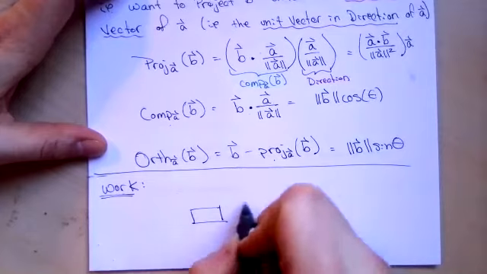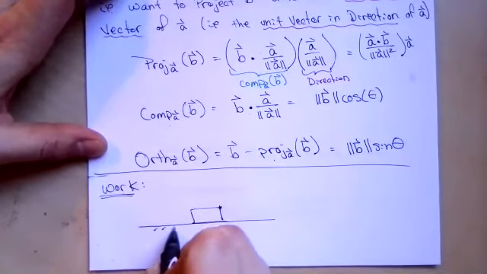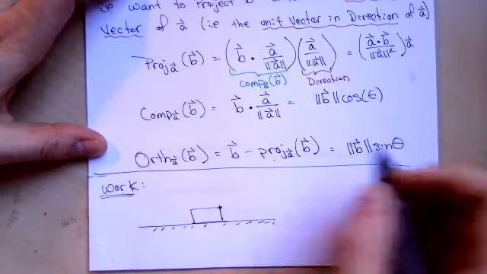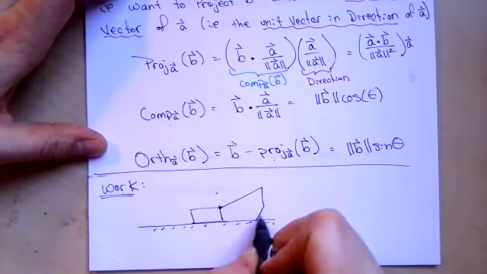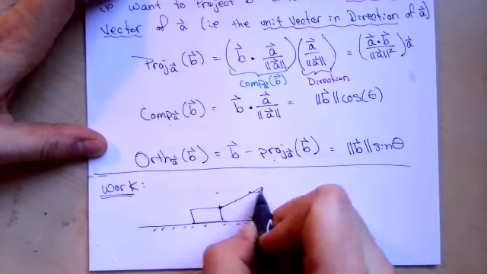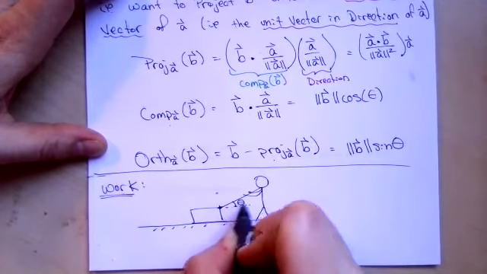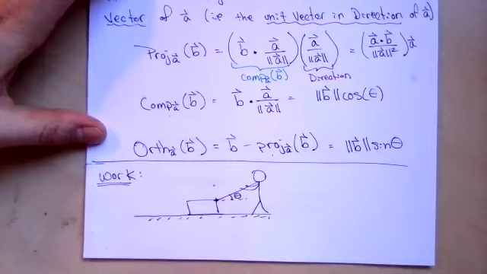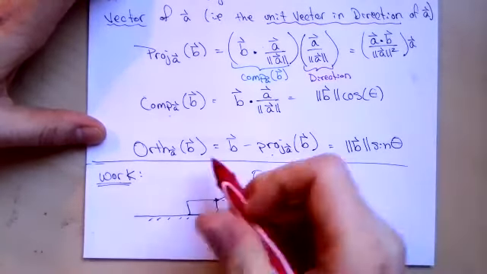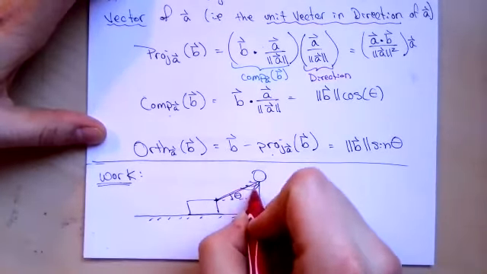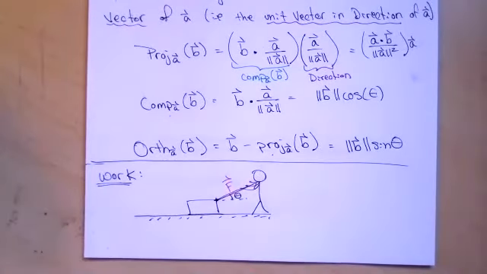If I have a block and I'm dragging this block along the ground, but I'm pulling because I'm too tall, and we're pulling this at some angle, theta. Well, the direction of our force is going upward.